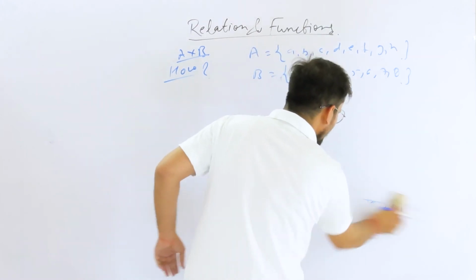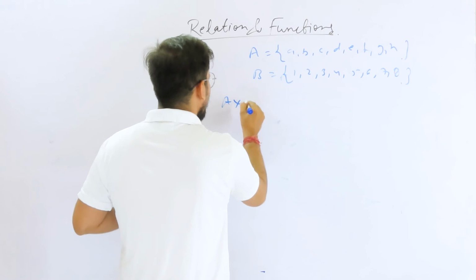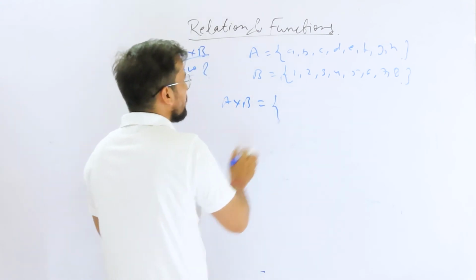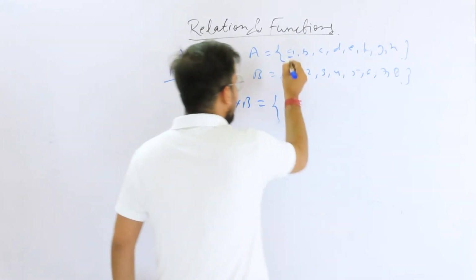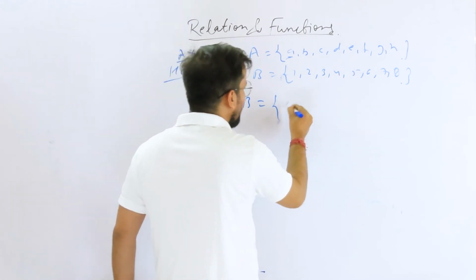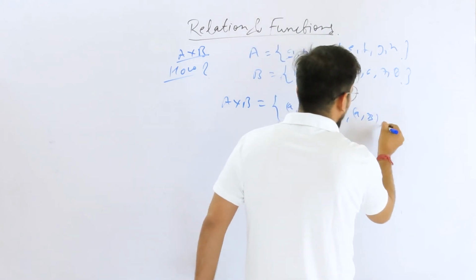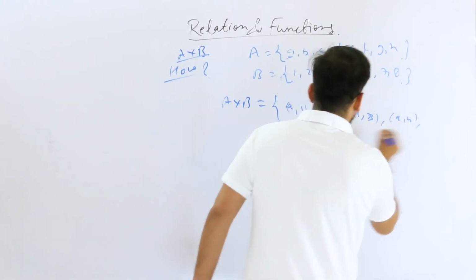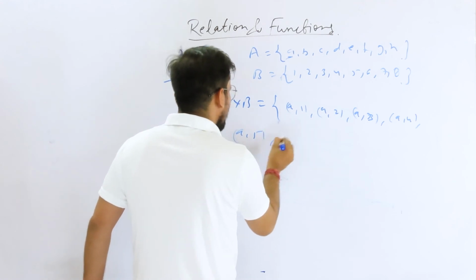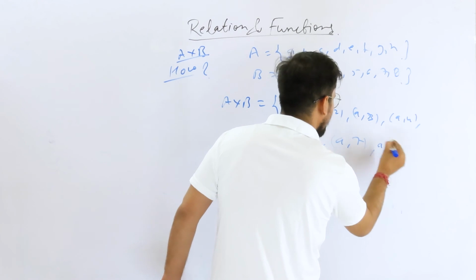So if I say A cross B, then what will you get? First, take the first element of A, then write all the elements of B: (A,1), (A,2), (A,3), (A,4), (A,5), (A,6), (A,7), (A,8).